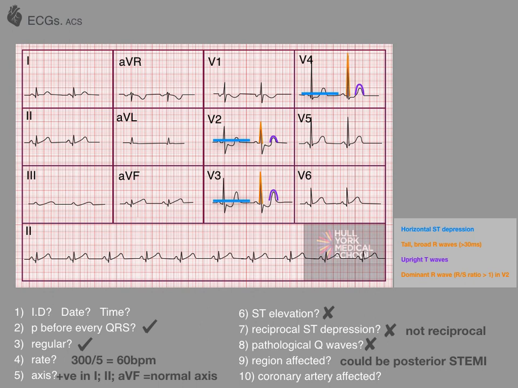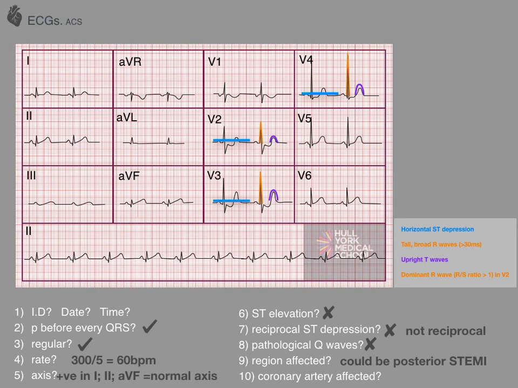So start by checking the ID, date and time and the clinical context of the ECG. Then start looking at the P waves. So here there is a P wave present before every QRS, and again, it's nice and regular, so we can use the 300 rule to calculate our rate.